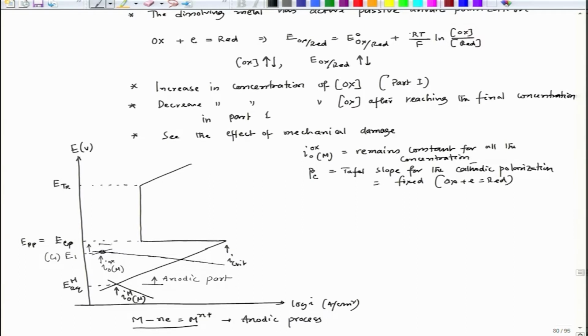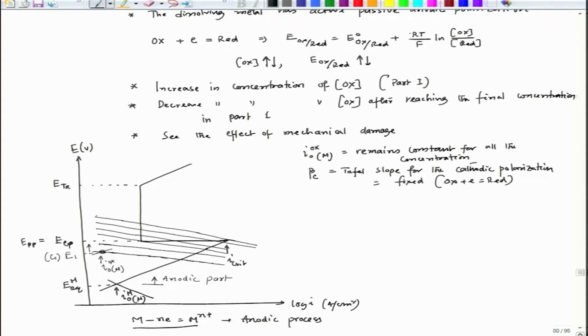This is the second composition, this is the third, this is fourth, fifth, sixth, which is, let us say, just crossing the critical.